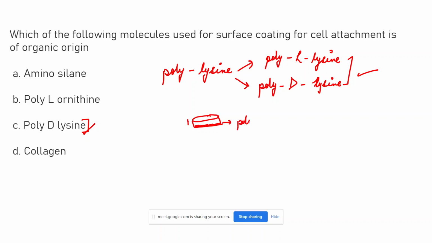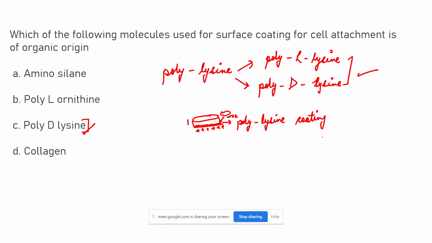So most of the coated plates that we get actually have a polylysine coating. It provides a positively charged surface for your cells to attach to using their negatively charged surface at the cell membrane. So this helps cell adhesion, so that it can attach to the surface.